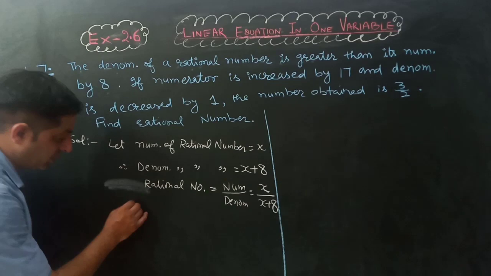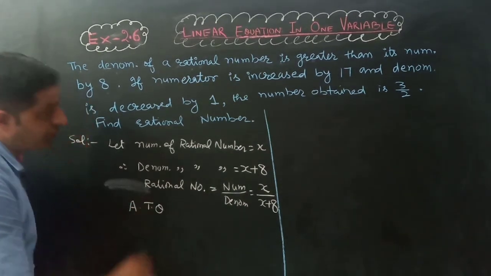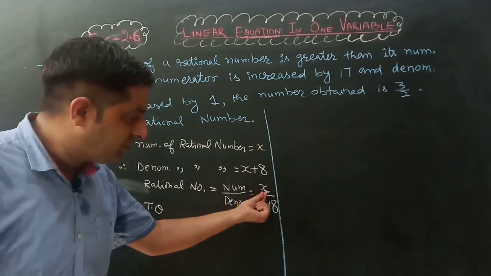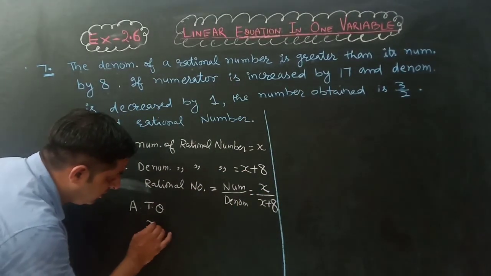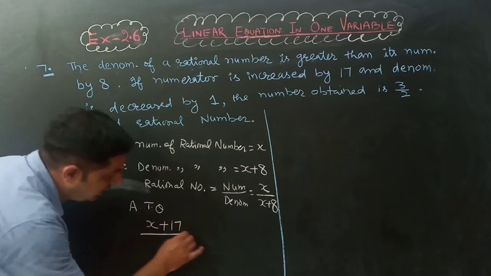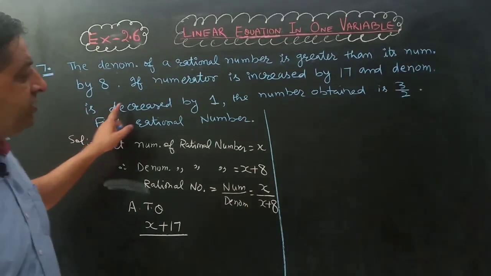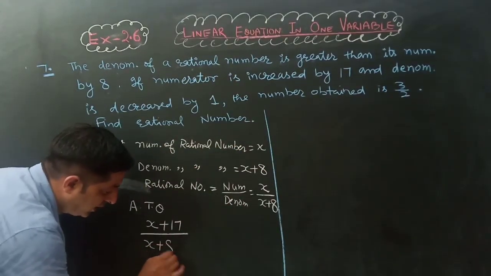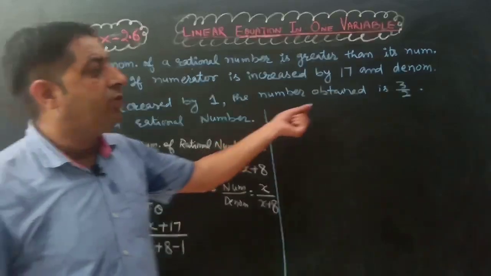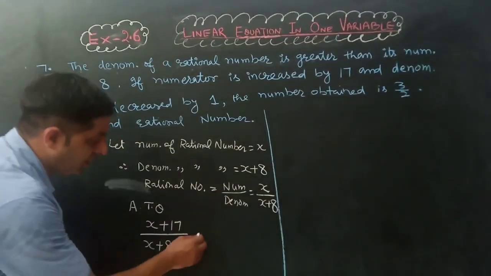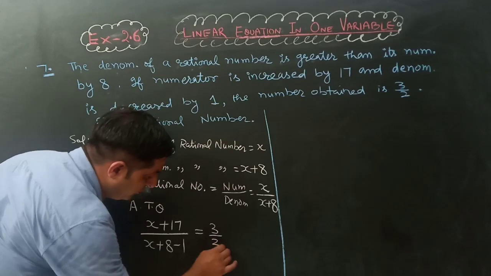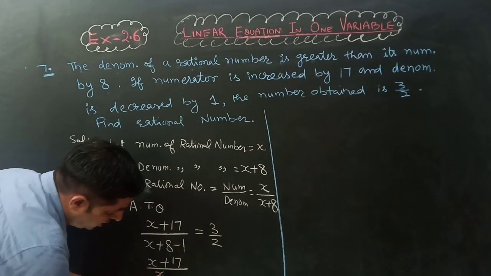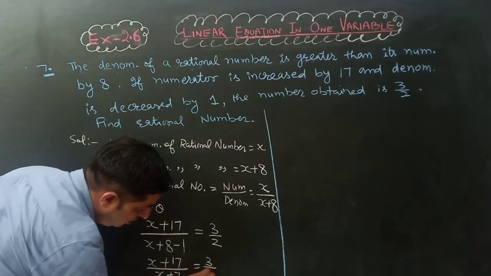Now write according to the question. If the numerator is increased by 17 and the denominator is decreased by 1, meaning minus 1, then the number obtained is 3 upon 2. Now this becomes x plus 17 over x plus 7, since 8 minus 1 gives us 7, is equal to 3 upon 2.